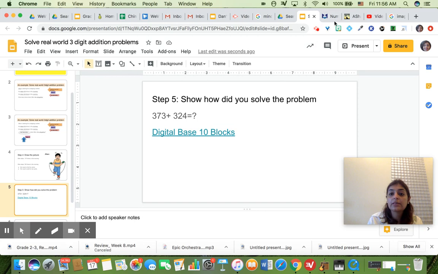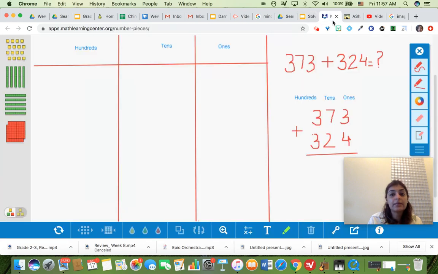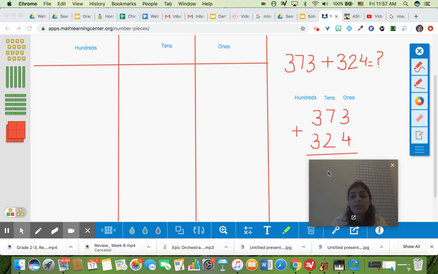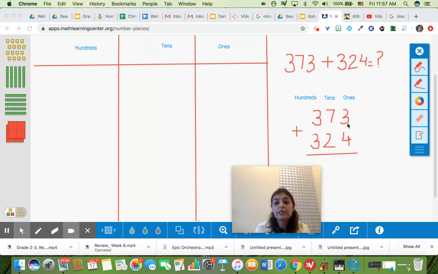So you can go to the digital base 10 blocks. Now I have written 373 plus 324 is equal to a question mark. Then I wrote 373 in this form plus 324. I made sure that the numbers are written in their right place value.